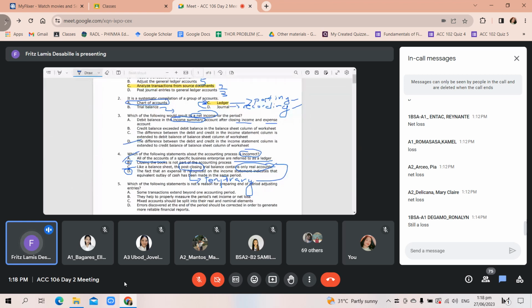Are you familiar with accruals? What are accruals? Accrued expenses, those are what? Can anyone here define what an accrual is? The simplest definition of accruals.